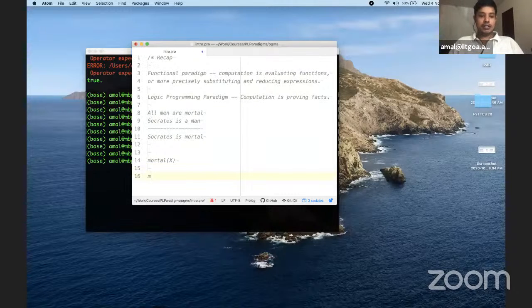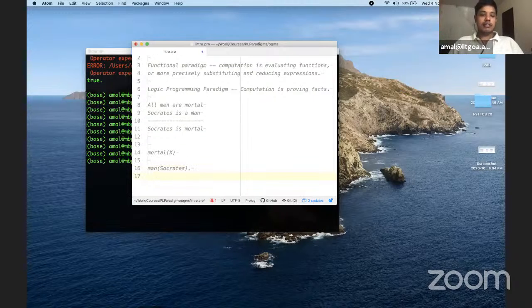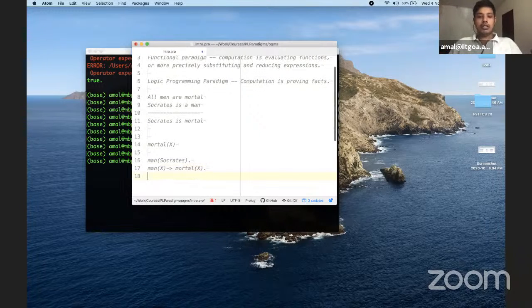What are those facts? Man of Socrates, that's a fact. Another fact is, if man of X implies mortal of X. What do I mean by these two things?